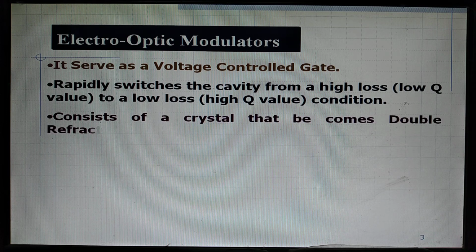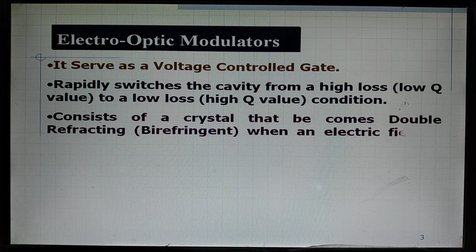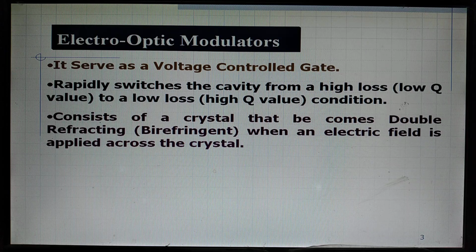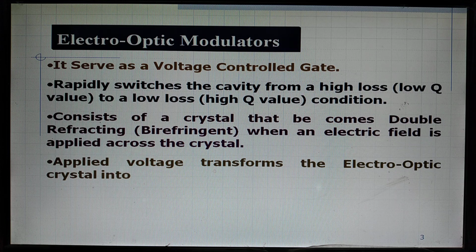It consists of a crystal that becomes double refracting when an electric field is applied across the crystal. The magnitude of the voltage is chosen such that it transforms the electro-optic crystal into a quarter waveplate.